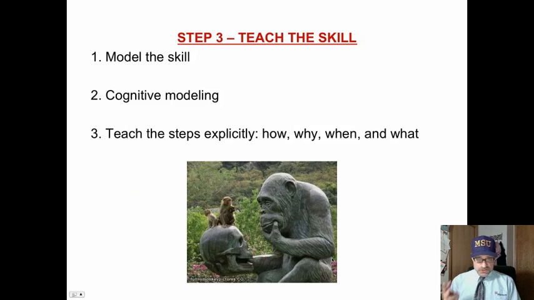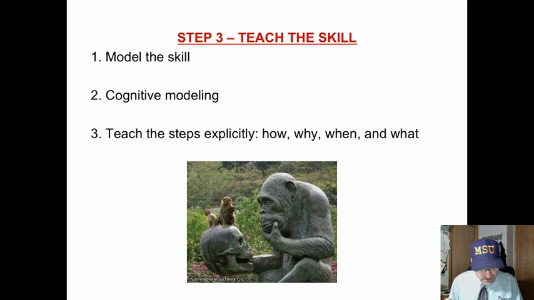Step 3, teach the skill. First, in teaching a skill, you have to model the skill. This gives students a sense of the whole. They see how and where it is used. And again, in my wrestling room, I would show them the skill. In my classroom, I would show them the creating groups skill.